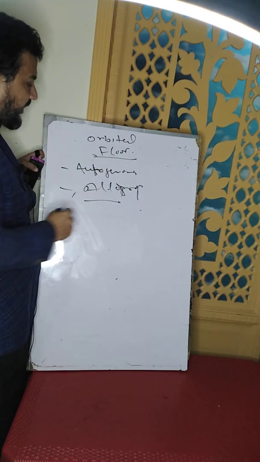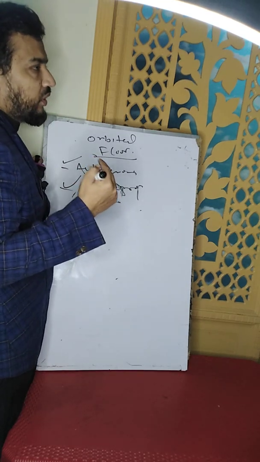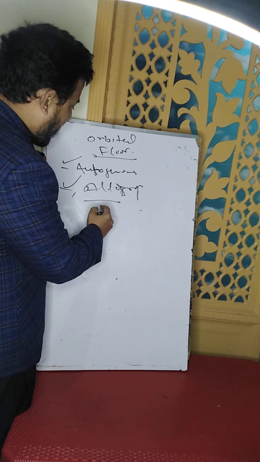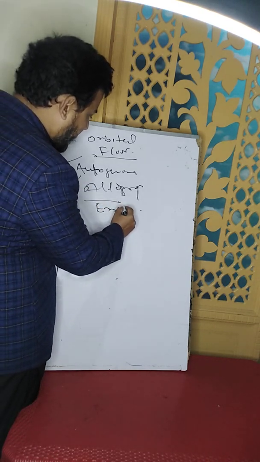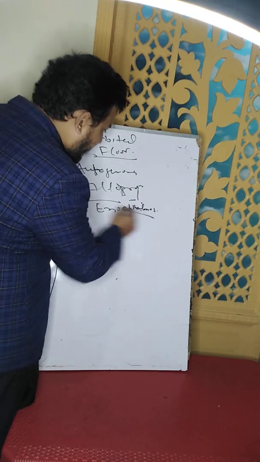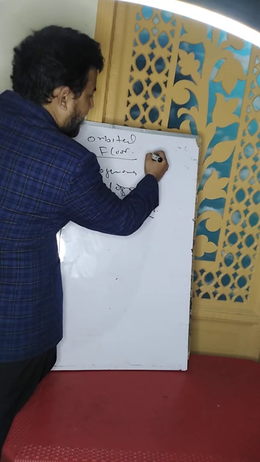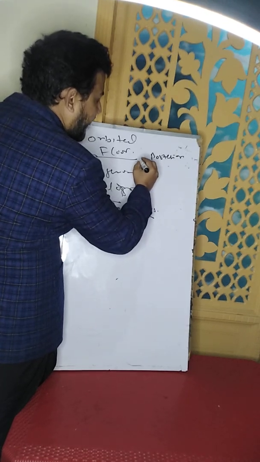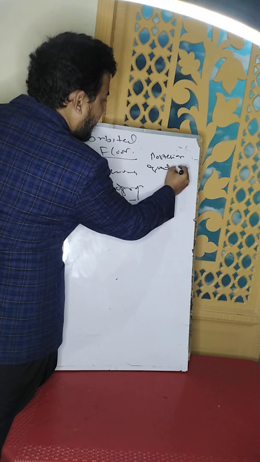When we are talking of an autogenous graft or allograft, we have to consider one thing: whenever we are discussing anophthalmos, the point of placement of the graft is posterior to the equator of the globe.